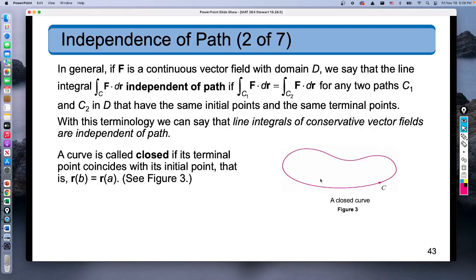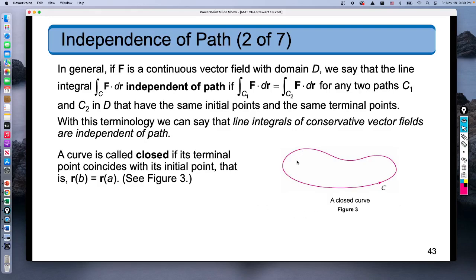Okay, so in general, we could go along this closed curve, this little loop in a particular direction, right? And it's independent of the path. It doesn't matter where we start and end, what the path is, as long as we have the same initial point and the same terminal point, they're going to be equal. So we call this a conservative vector field, and it's independent of path.